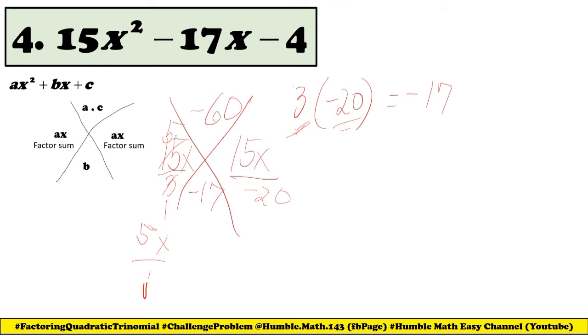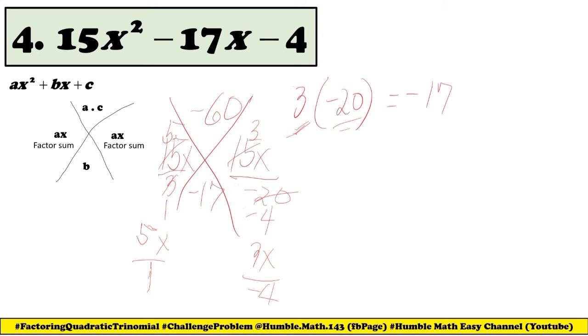So we have 5x over 1, which is equal to 5x plus 1. Then this one is divisible by 5, so this is 3 and this is negative 4, giving us 3x over negative 4.